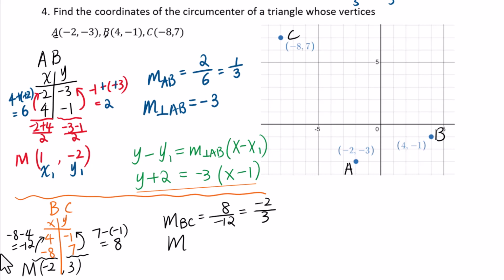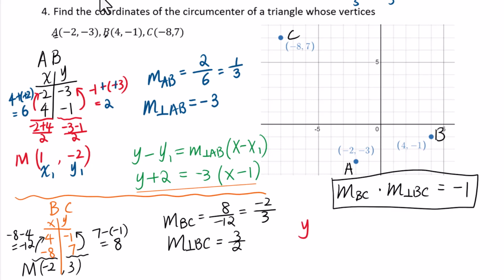Then the slope of the perpendicular bisector of BC equals 3 over 2, because the slope of BC times the slope of the perpendicular bisector of BC equals negative 1.